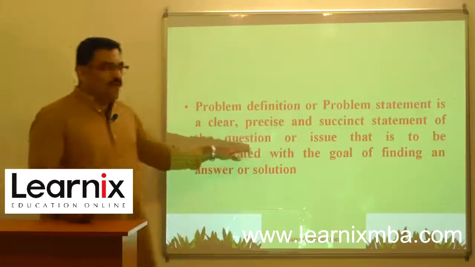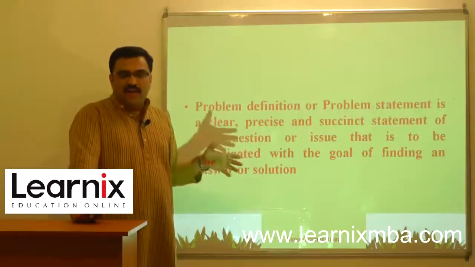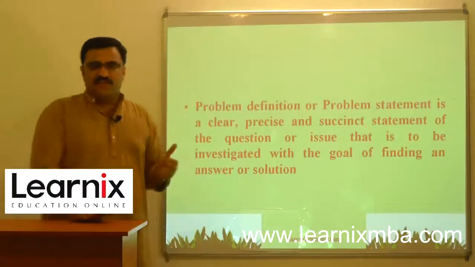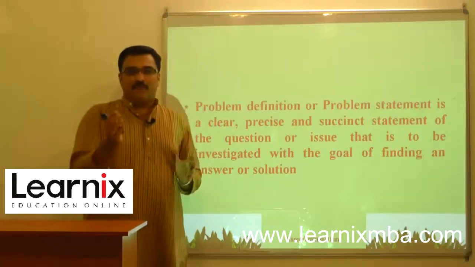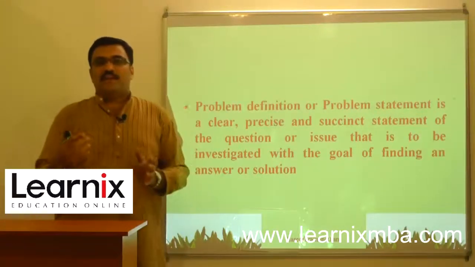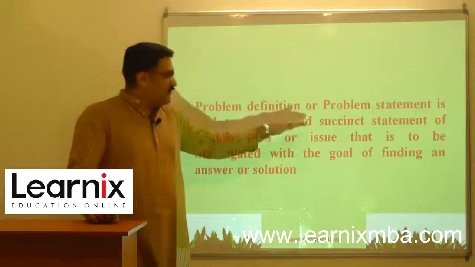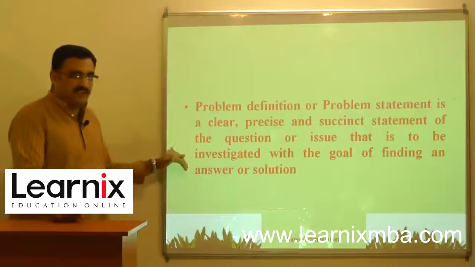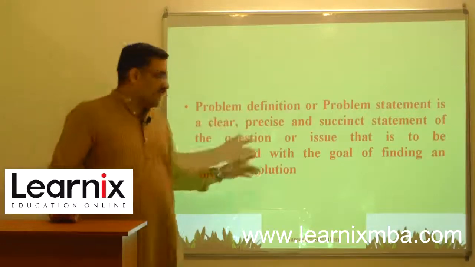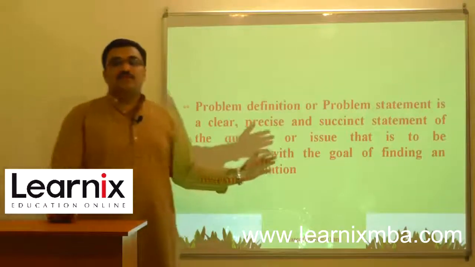So with the goal of finding an answer or solution, it is very clear from the definition itself that whatever you describe or define as your problem should be clear, precise and succinct. The issues are to be investigated with the goal of finding, and the ultimate aim will be to find an answer or solution for your problem.